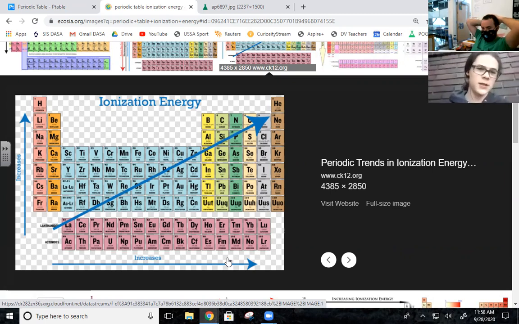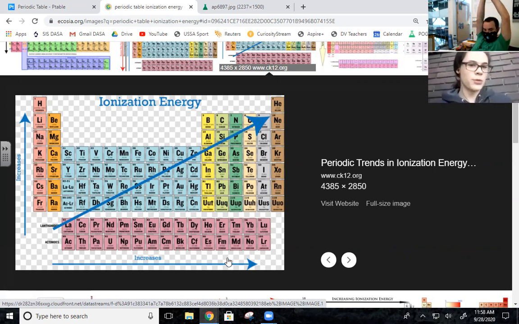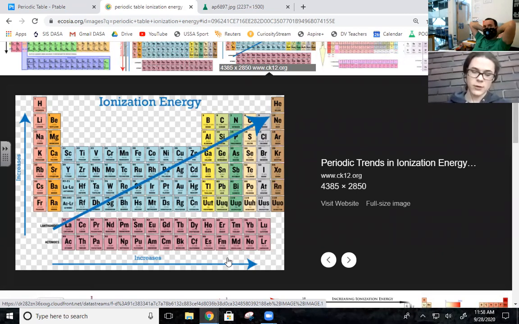This happens because there are more protons and neutrons as you go right, but it's on the same layer, right? Yes. So all things being equal between the rows of the periodic table, as you move right, the nucleus pulls in more strongly on the electrons, thus making it harder for the electrons to escape.